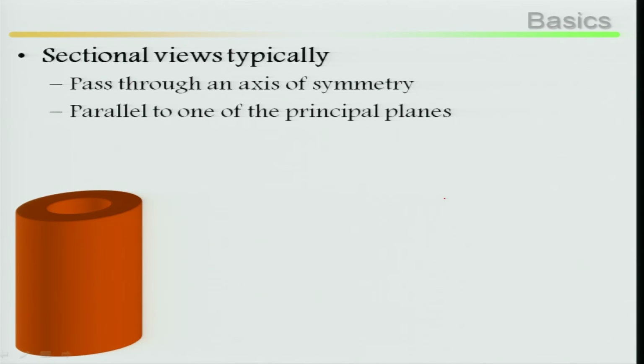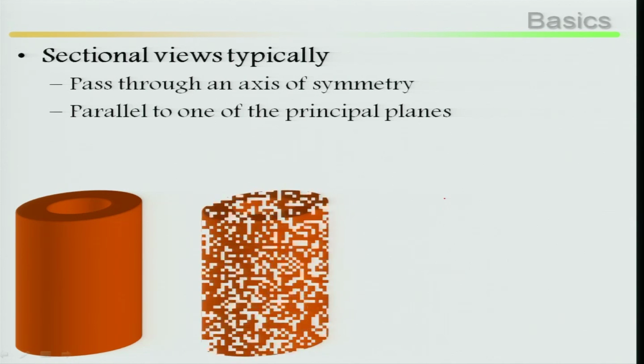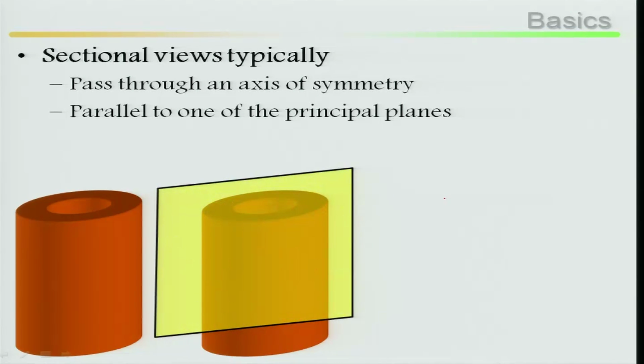Sectional views typically pass through an axis of symmetry, as far as possible, parallel to one of the principal planes. I have said in the beginning, parallel to one of the principal planes. This is in the frontal plane.